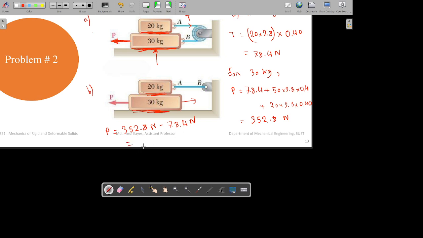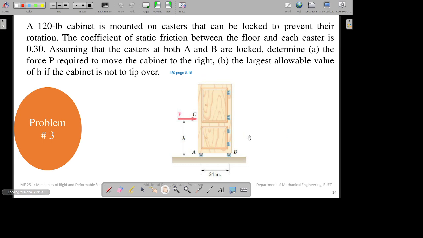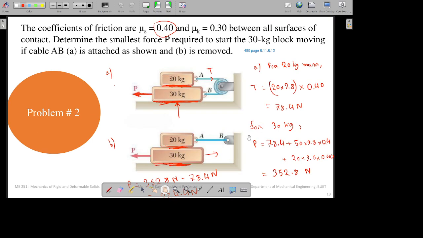So this will give you 274.4 Newton. So that is the value of P for part B of our question. So yeah, that was it. This time the sample solution was not given by our sir, because sir told us to do it by ourselves.